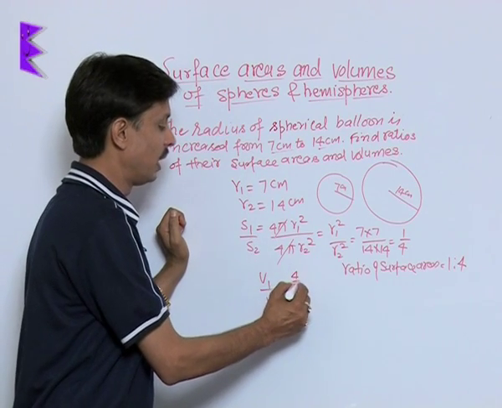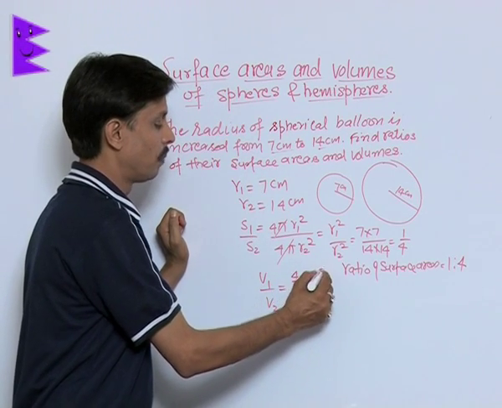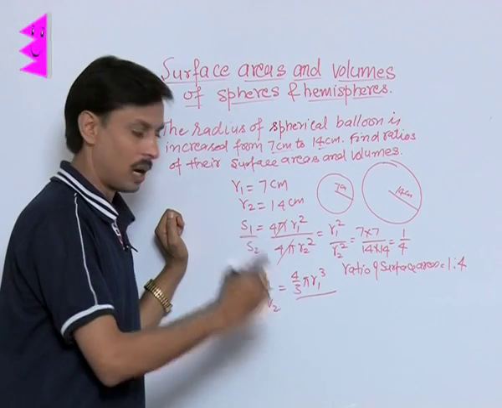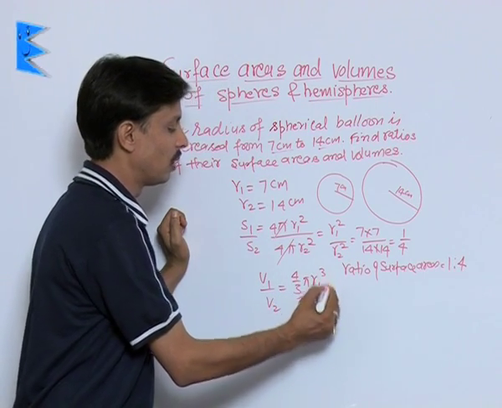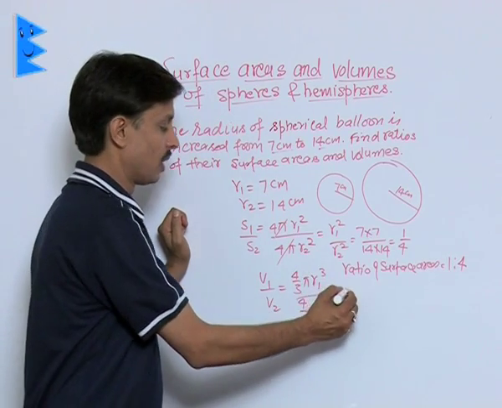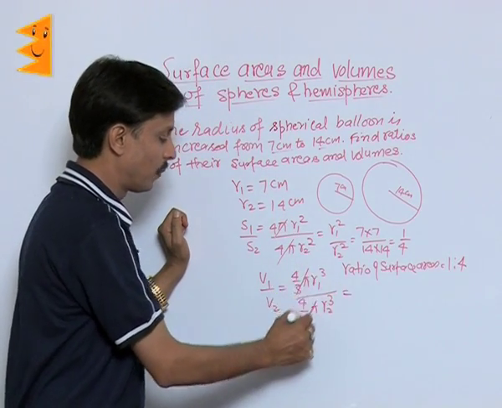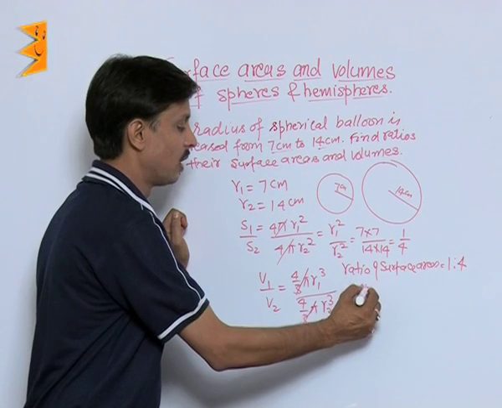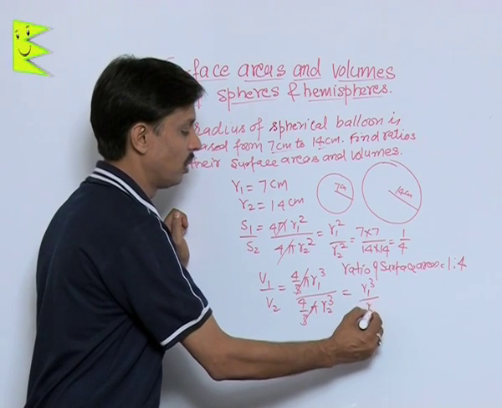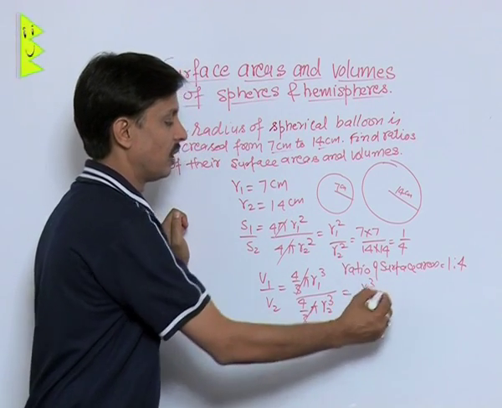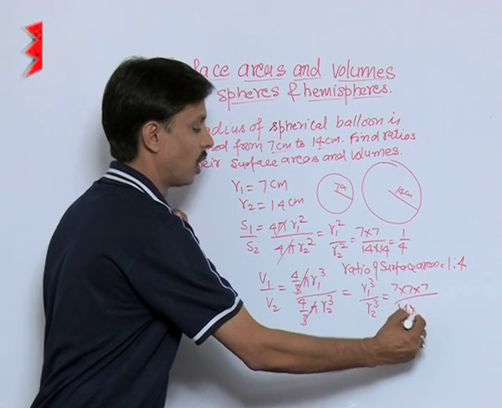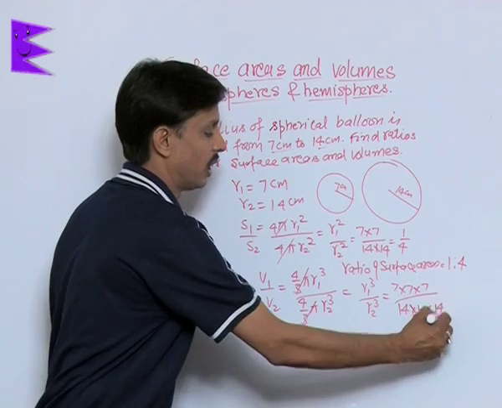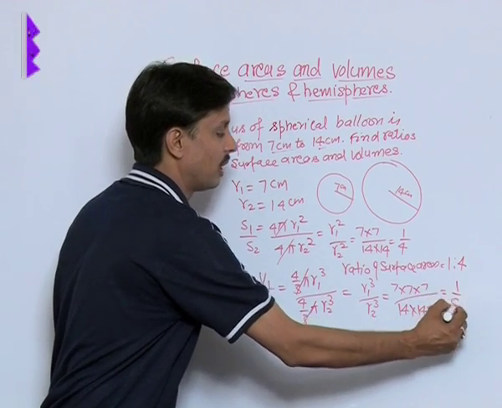This is given by 4 by 3 pi R1 cube upon, in the second situation, 4 by 3 pi R2 cube. 4 by 3 pi and 4 by 3 pi get cancelled. R1 cube upon R2 cube, that is 7 into 7 into 7 upon 14 into 14 into 14. This becomes 1 by 8.